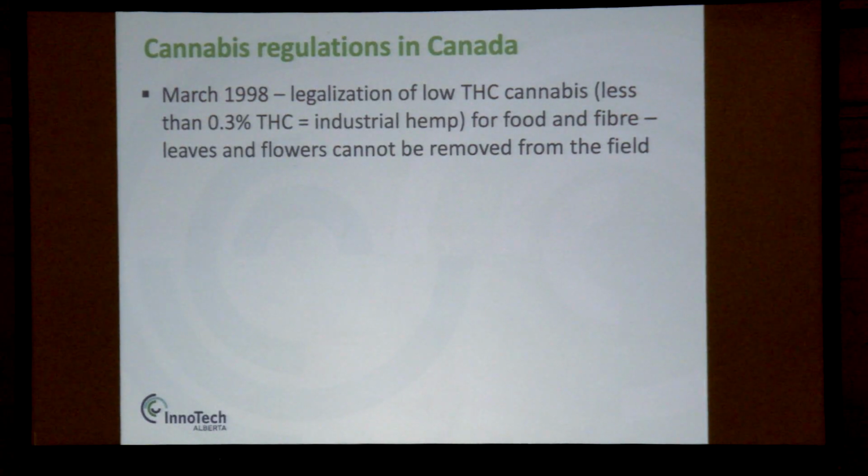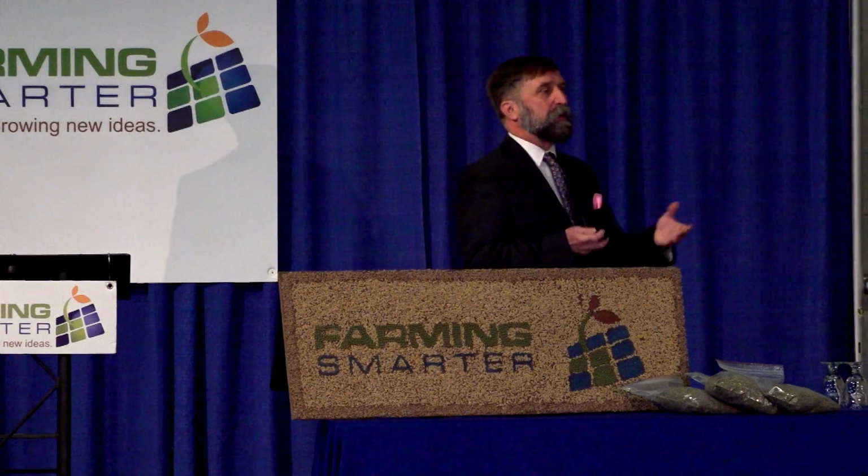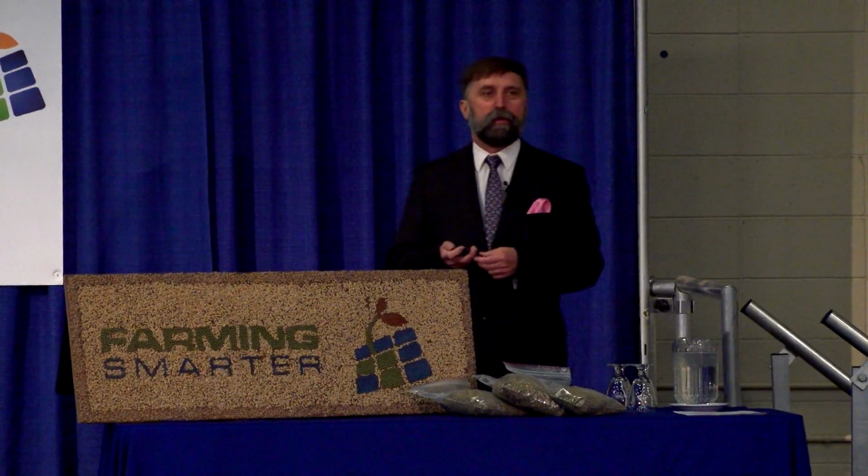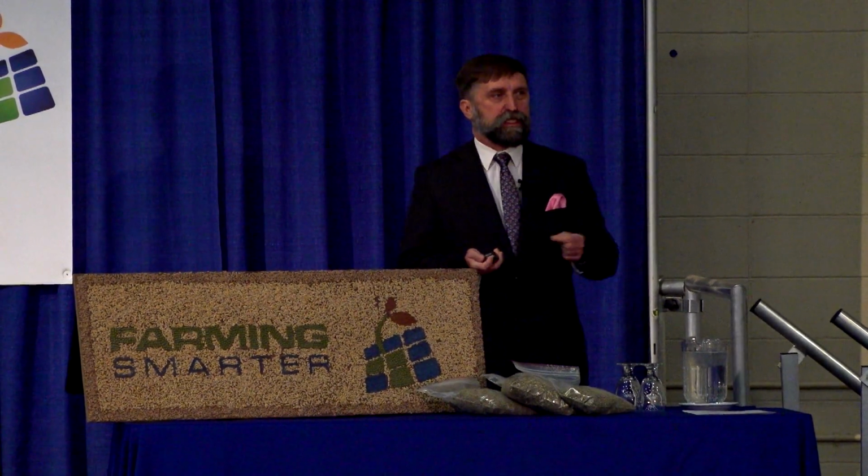Okay, so Ken asked me to talk about regulations. You might know that 20 years ago, in 1998, here in Canada, low THC cannabis or industrial hemp was legalized. So what constitutes industrial hemp? What I mean by low THC in Canada has to have less than 0.3% of THC in flowering plants, flower heads. That constitutes industrial hemp.